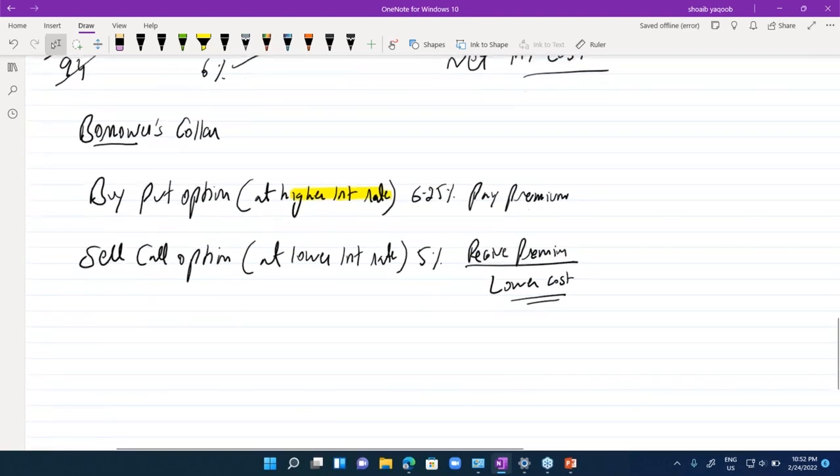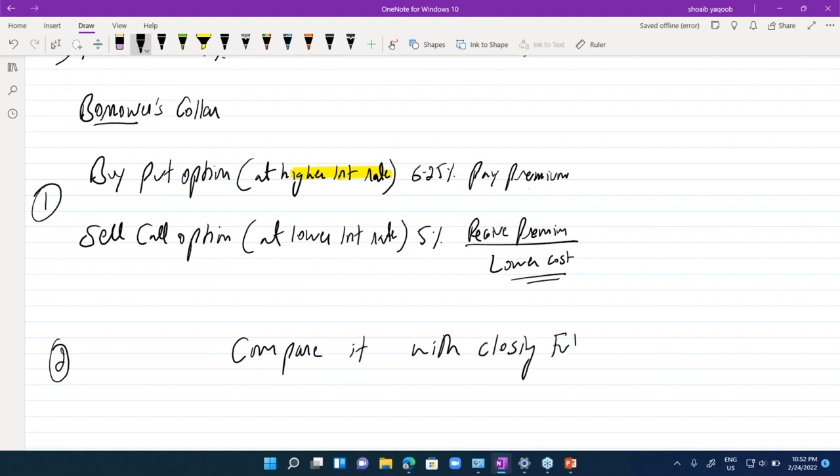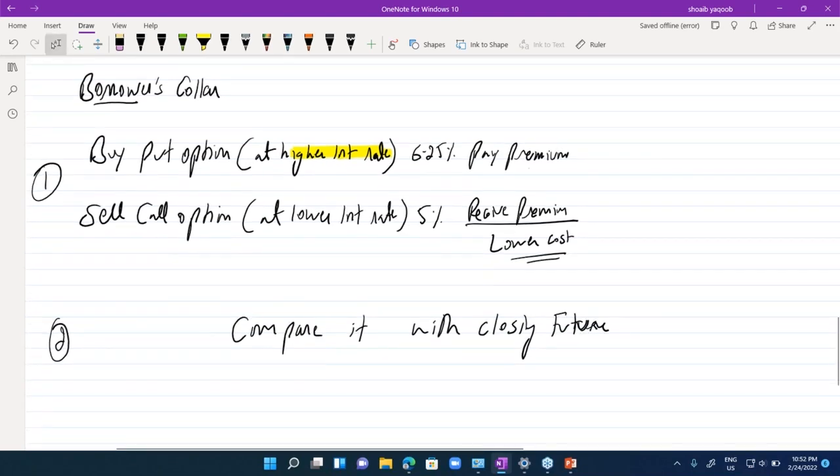This is the first step. Second step, compare it with the closing future. Let's suppose the closing future is 6.74%, right?